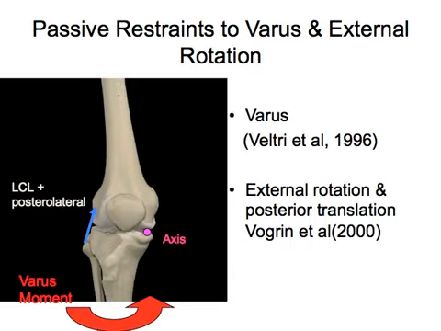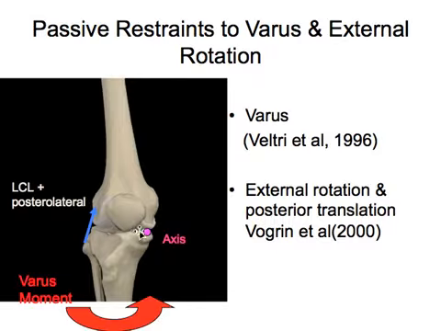So what we want to focus on now are the restraints associated with the lateral collateral or posterolateral aspect of the joint. Here we have a diagram of a femur and tibia. If we think of the biomechanics of this, when you apply a varus moment, or an adduction moment, to the knee, you're going to tense the lateral capsule, the lateral collateral ligament, and the posterolateral part of the joint.